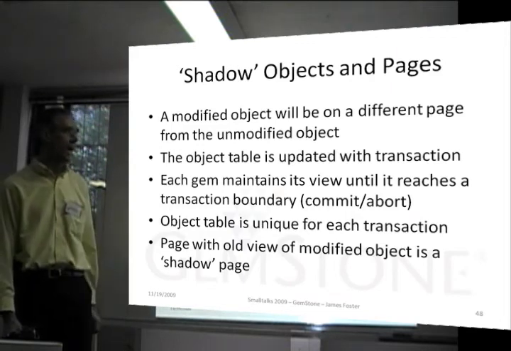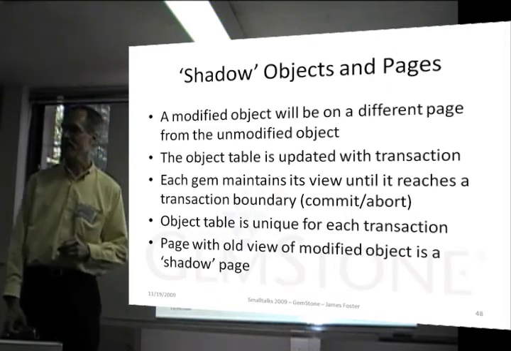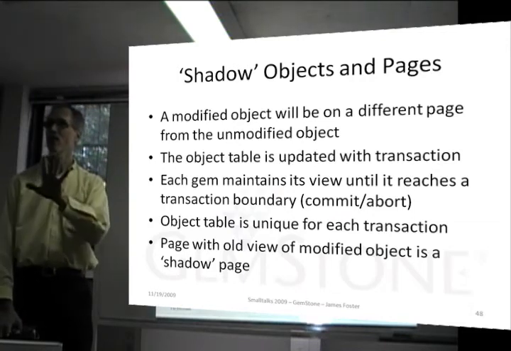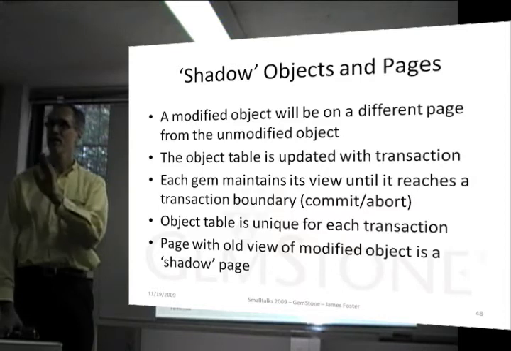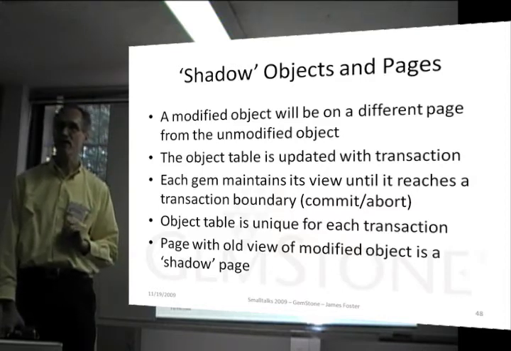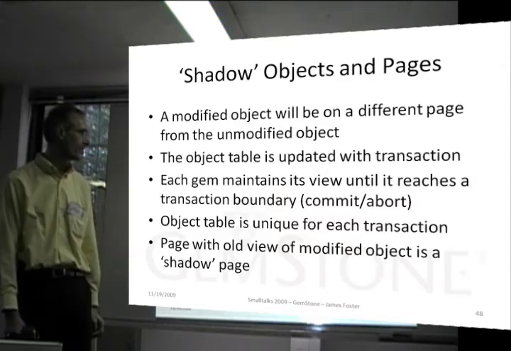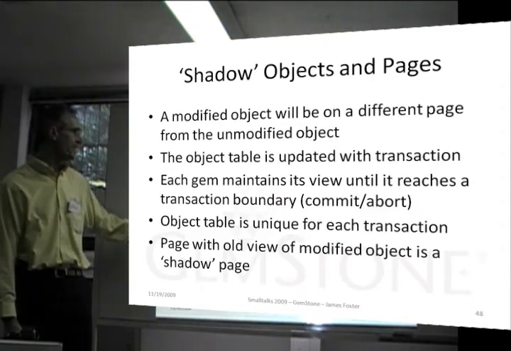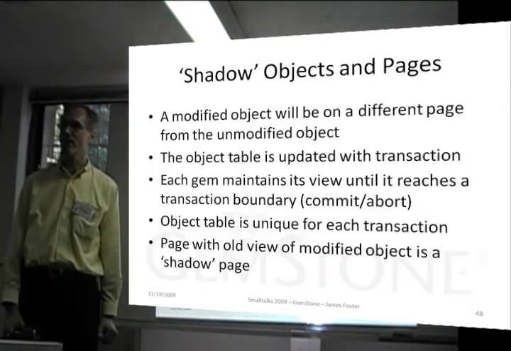So a modified object will be on a different page from the unmodified object. The object table is updated when the transaction commits. So now there are two object tables. One that points to the old page, one that points to the new page. Each gem maintains its view until it reaches a transaction boundary.